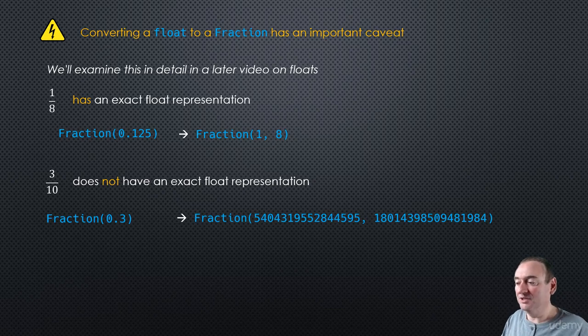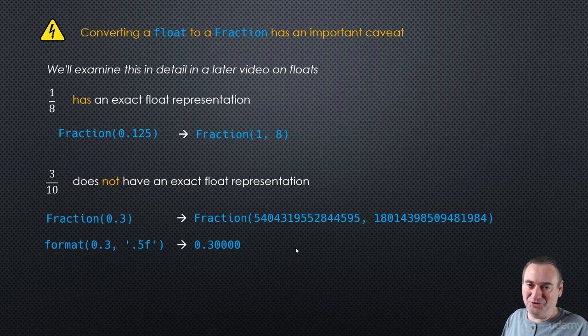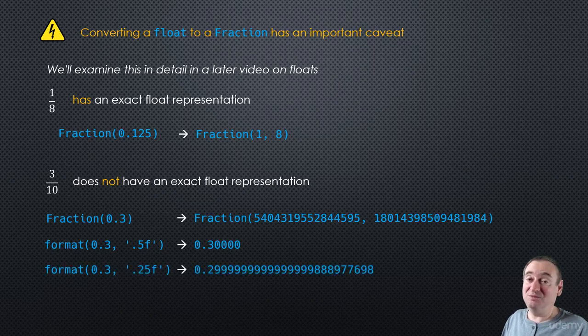It's slightly different. How different? Well, let's take a look. If we print 0.3 up to 5 digits after the decimal point, this is what we get. Hey, that looks good. That's 0.3, 0.30000, that looks good. Well, let's expand the number of digits that we use. And this is what we get.